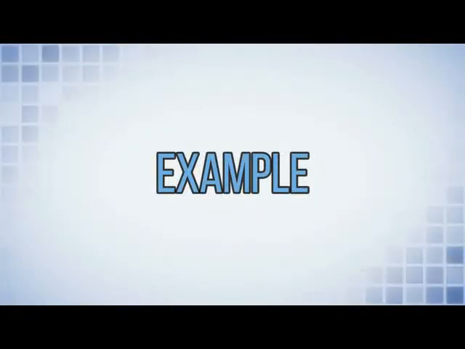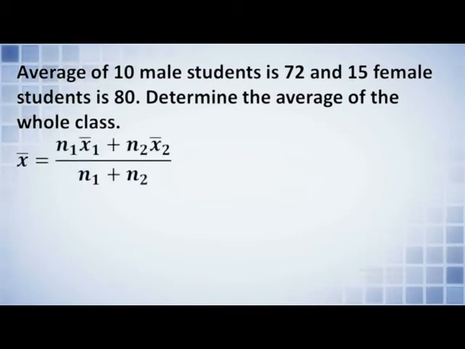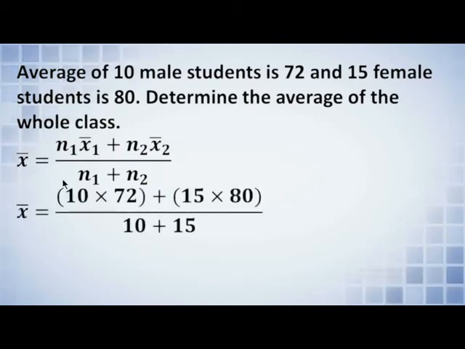Now, let's jump to the next example. The average of 10 male students is 72 and of 15 female students is 80. Determine the average of the whole class. This is the formula of combined average. X bar is the combined average, n1 x bar 1 for the male students, and n2 x bar 2 for the female students. We know that the number of male students is 10 and the average of male students is 72.